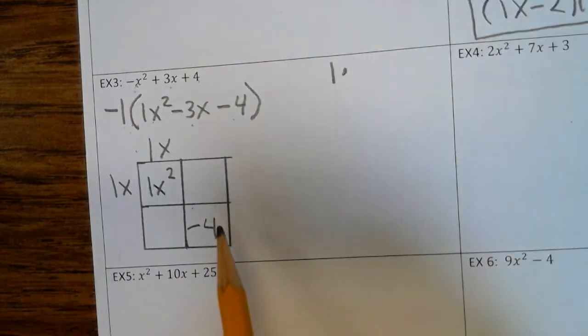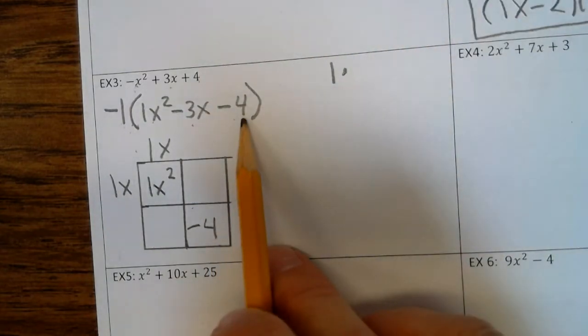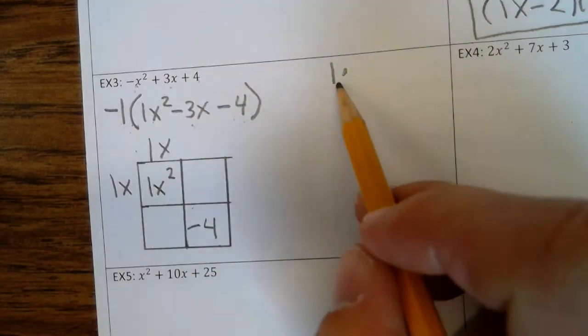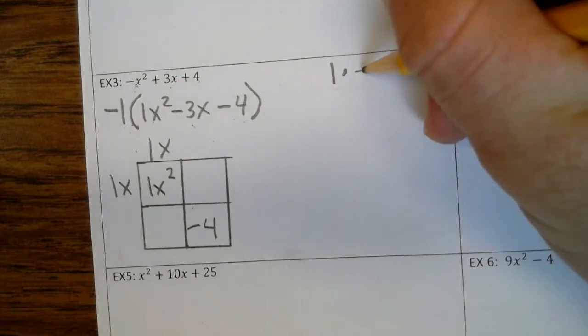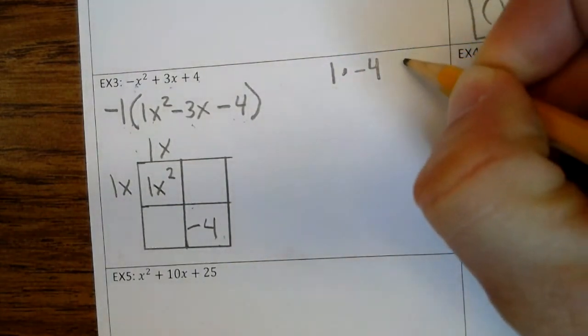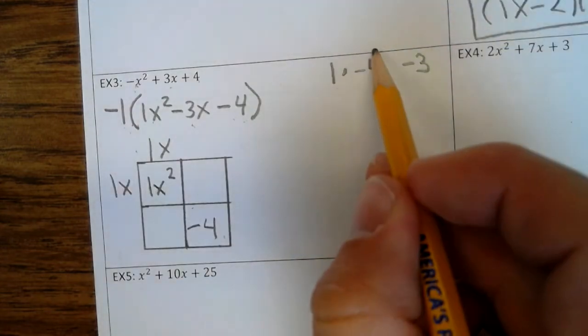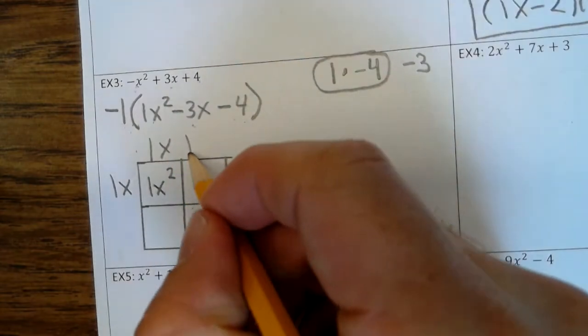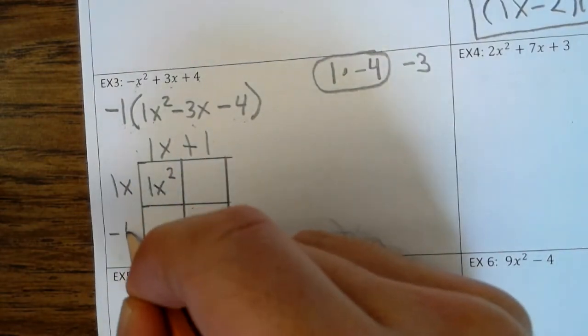All right, so now, since the last number is negative, the middle number is negative, that means one number will be positive, one will be negative. And then that gives you negative 4, and then 1 minus 4 is negative 3. So we have our combination. So that's plus 1 minus 4.